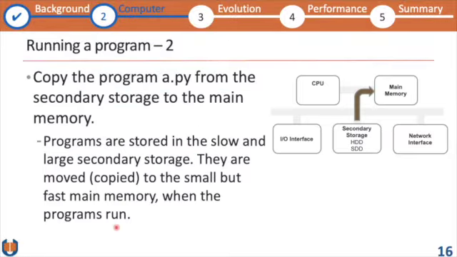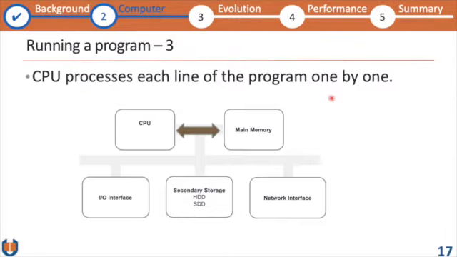Let's go back to the hardware diagram. I will show you the architectural diagram here: CPU, main memory, interface, and the secondary memory. Once the program is running, first the program a.py is copied from secondary memory to main memory. After that, this program is executed because the secondary memory is slower and far away from the CPU. Once the program is copied, the CPU executes each step of the program according to the program code.